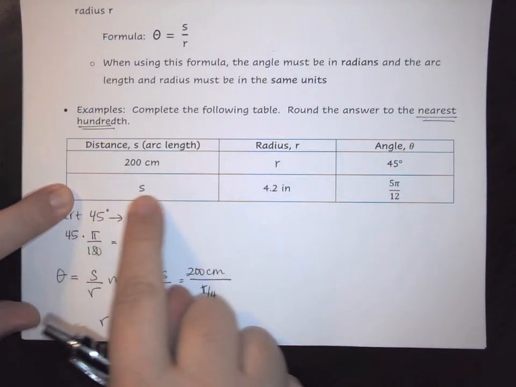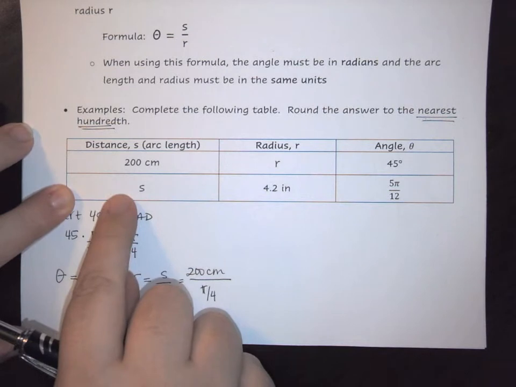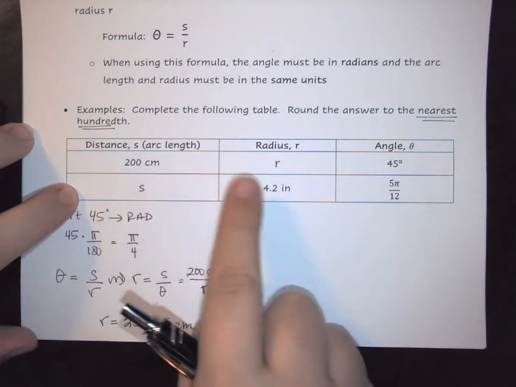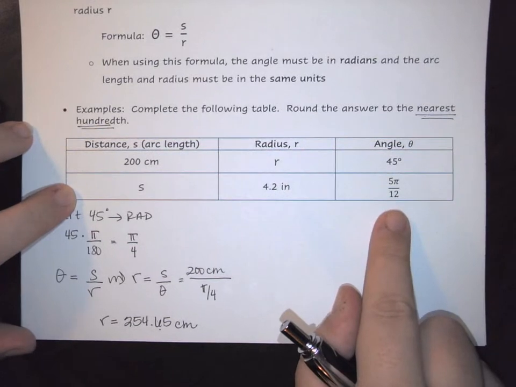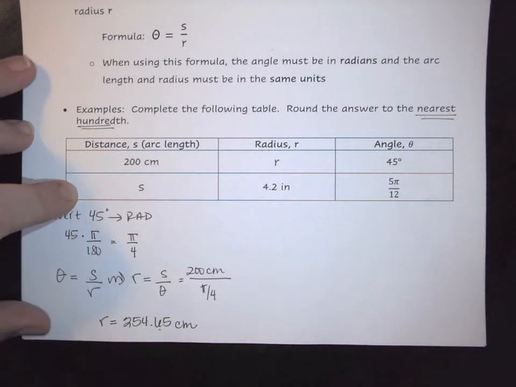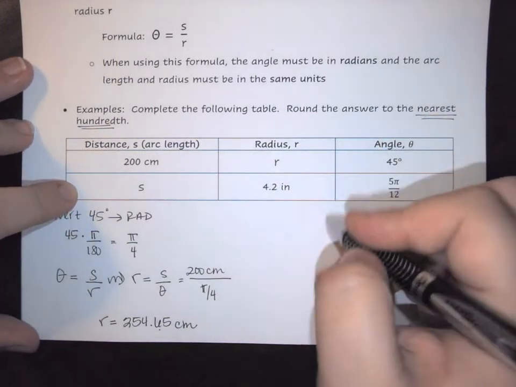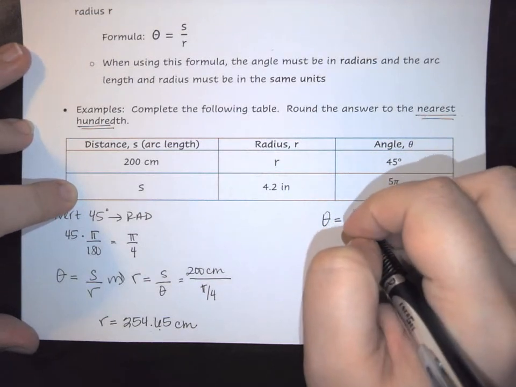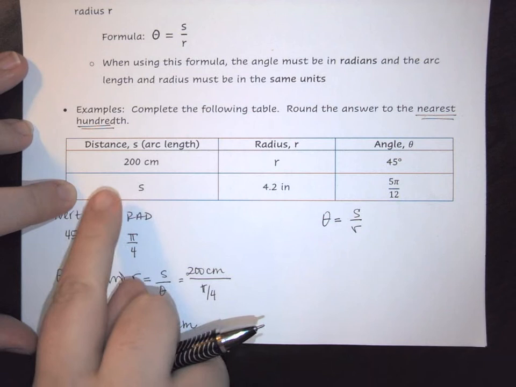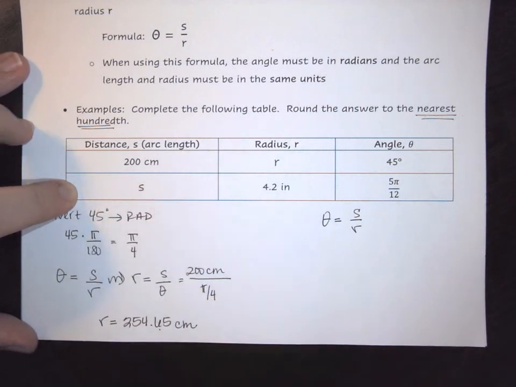Now in this second line here, notice we're missing our distance, or the arc length. We have a radius and we have an angle, and my angle is already in radians. Therefore, in this case, we just simply have to start with our formula. So again, we know that my angle is equal to S over R. We're missing the S piece, so we solve for it.